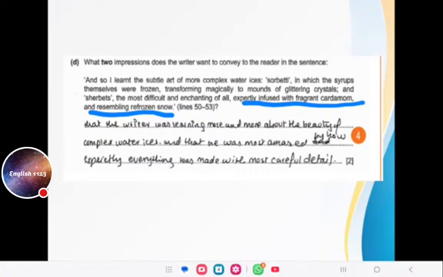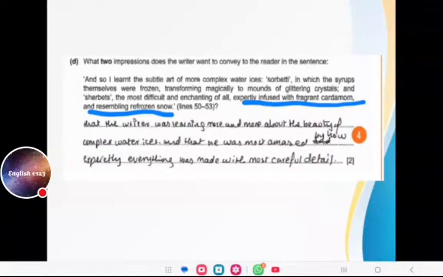First, he learned the art of complex water ices. Secondly, he also learned how to expertly infuse or put smell or aroma inside that frozen snow. There was another thing also, that he was learning careful details of how to make these things. So in one extract, in one paragraph, you can find 5 to 6 different impressions.